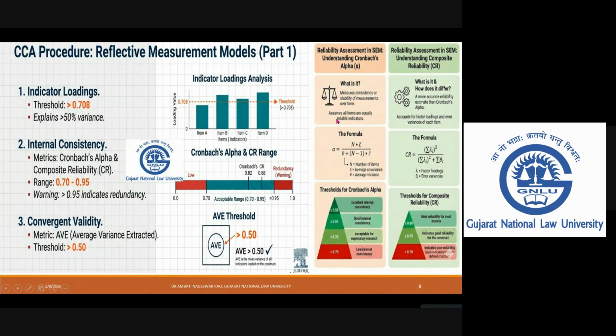Cronbach's alpha assumes that all the items are equally reliable indicators, whereas composite reliability accounts for the factor loadings and error variance of each item. So the best part of composite reliability is that it is more accurate as compared with Cronbach's alpha. However, while reporting your research findings, one has to clearly mention both the internal consistency as well as composite reliability.